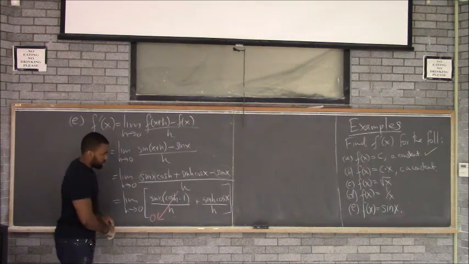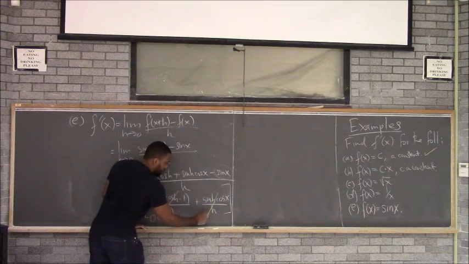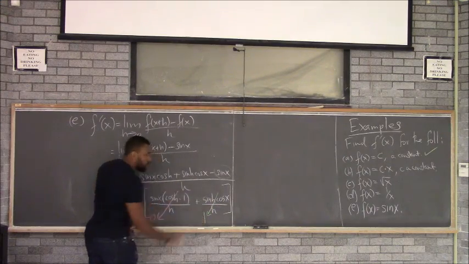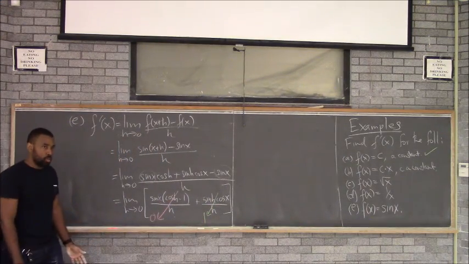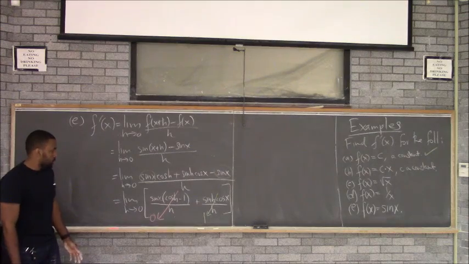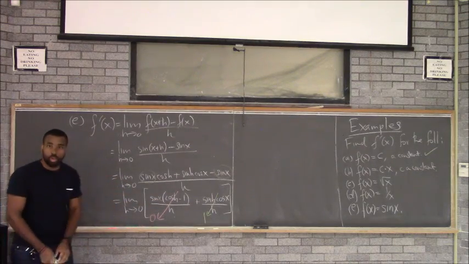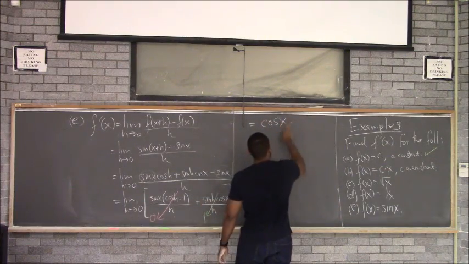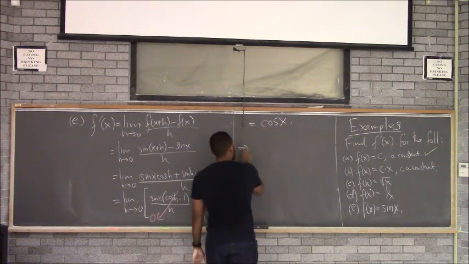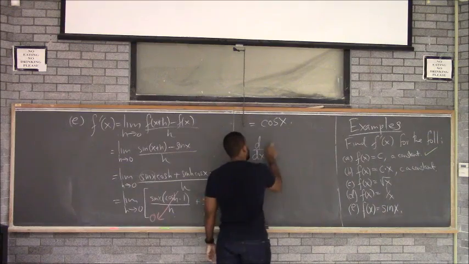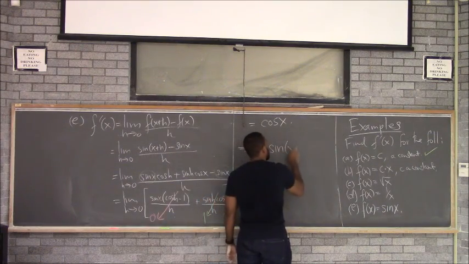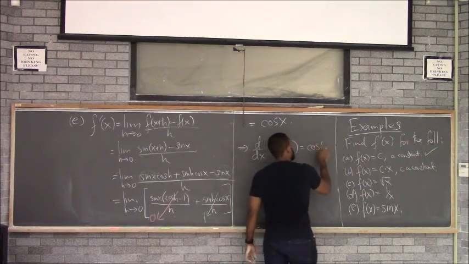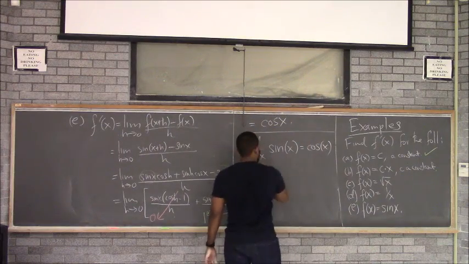Why? Because sine h over h as h goes to 0 is 1. That's also a special trig limit. You know that automatically. So we have 0 plus 1 times cosine x. In other words, the derivative of the sine function is the cosine function. That is something that we know now.